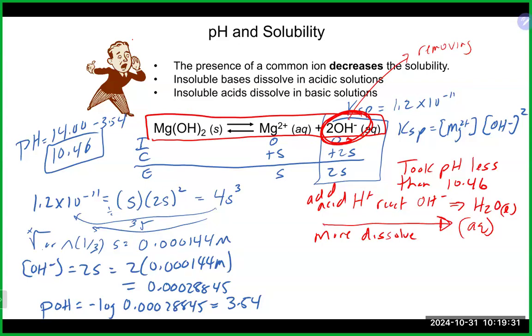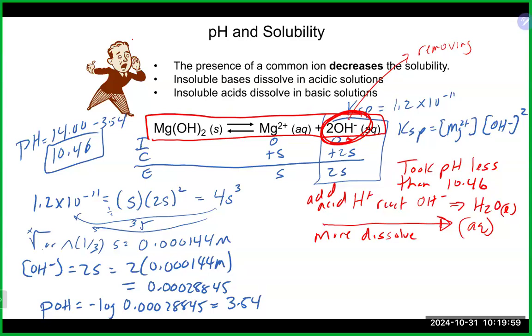So as long as you drop it below that 10.46, even though you may still be in a basic pH, that's still going to cause the same effect to occur because you're still adding that H plus. It's still going to react with the hydroxide and it's still going to cause water and make the equilibrium pull to the right. So sometimes people think you got to get all the way down to an acidic pH. You don't. If you do, you get almost all of it probably, or a good amount of it probably to pretty much dissolve. But you actually just need to drop it below that baseline of 10.46.